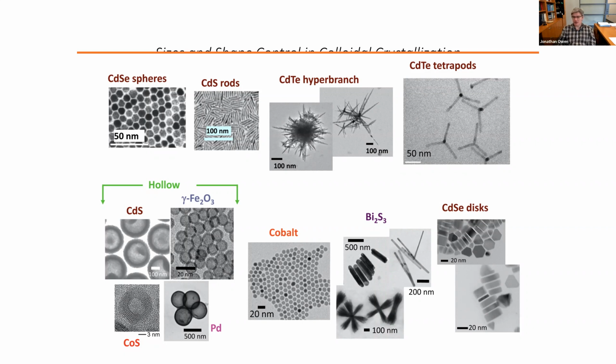It used to be that you'd open the Journal of the American Chemical Society, look at the table of contents, and every single day there would be a new paper about a new crystal that had been synthesized that had a different shape and was a different substance, and was branched or hollow. For example, hollow is a big one. Of course, things like metals were being made, and wonderful, unusual semiconductors that physicists love. So there was a lot of effort poured into how one synthesizes, and what can be synthesized, using colloidal techniques.